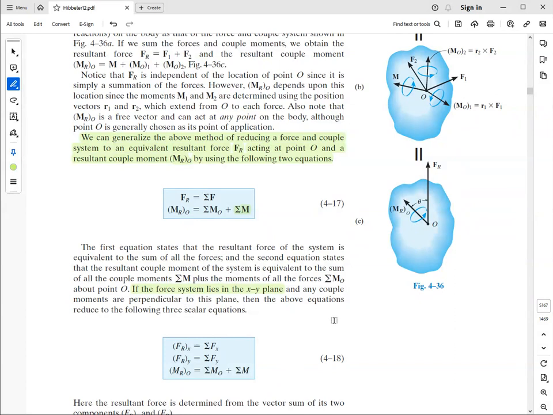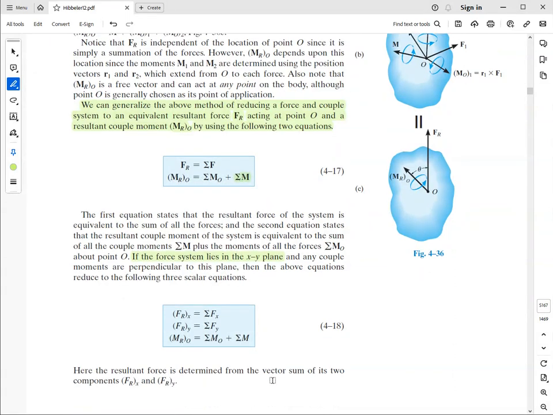In two-dimensional cases, this becomes some force in the x direction, some force in the y direction, and moments are going to be all perpendicular to the xy plane. So moments will have either positive or negative direction of the z-axis, and the corresponding scalar equations to the three-dimensional ones. The most general one is equation 4.18.